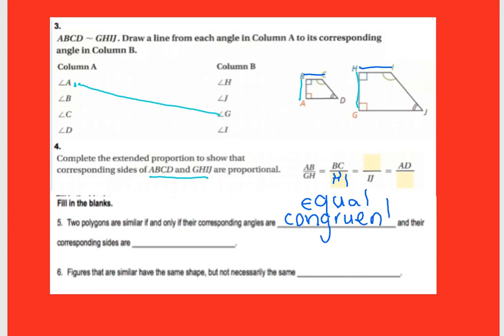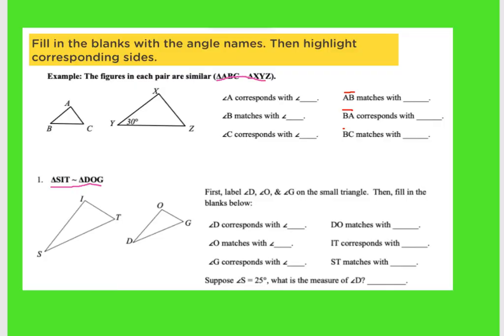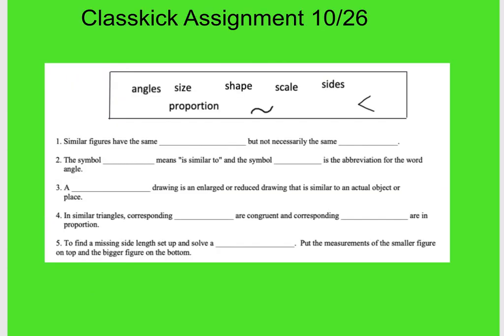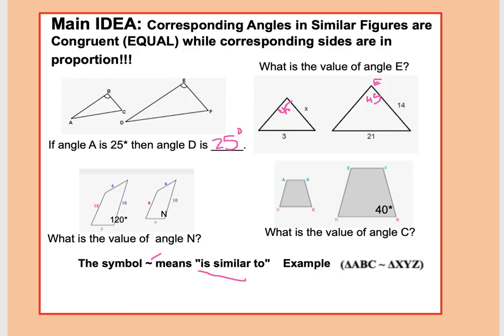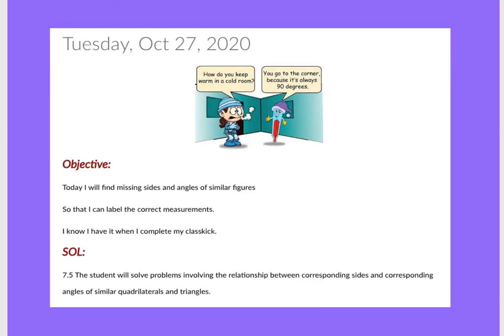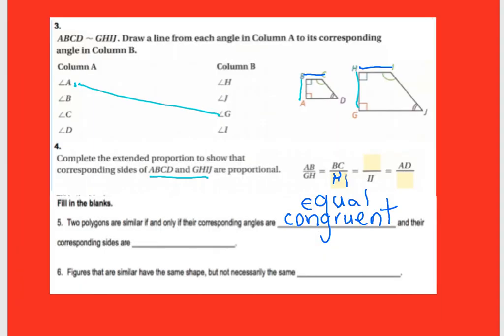Okay. Remember, let's go back real quick. I want you to look right here. What did we say is the main idea for this whole unit? Corresponding angles in similar figures are congruent or equal. Now, while corresponding sides are in proportion, so we need that also, because the next question says, and their corresponding sides are what?